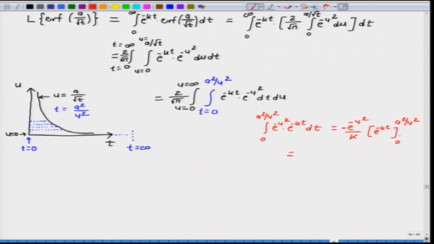If we substitute t equal to 0, this becomes 1, and for t equal to a square by u square, this becomes e to power minus k a square over u square. With this negative sign outside, if we remove it, it becomes e to power minus u square by k times 1 minus e to power minus k a square by u square.